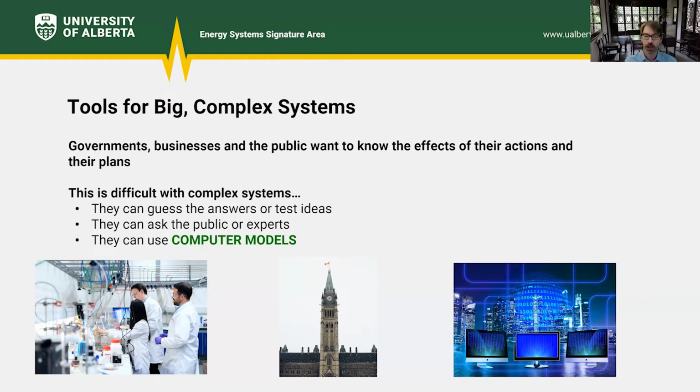You can test your ideas on a limited scale, for example, try one thing, see what happens. You can ask the public, you can have surveys, figure out what they prefer. You can ask experts, and they'll tell you which sorts of policies are available and what their possible implications are. And then finally, we can use computer models.